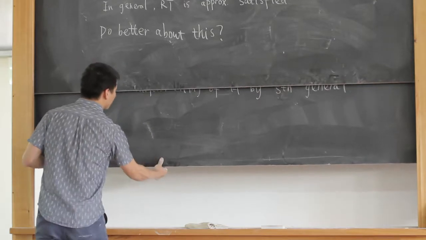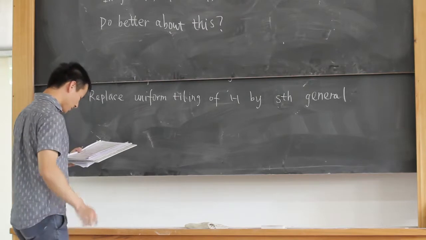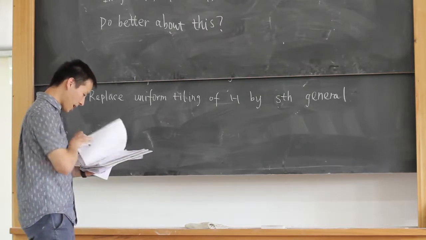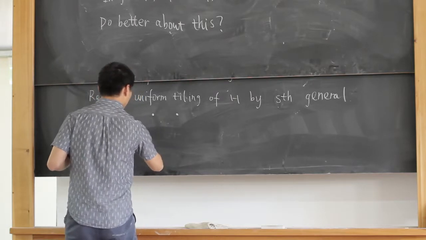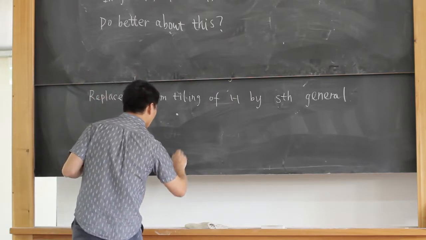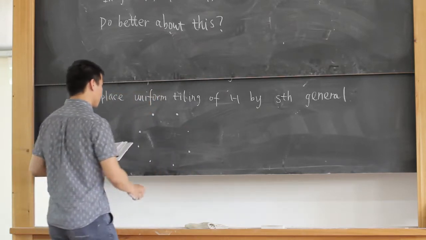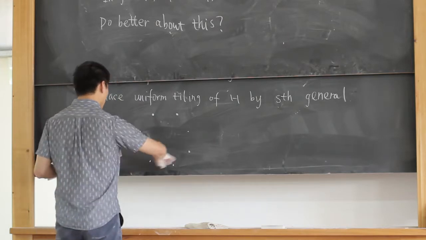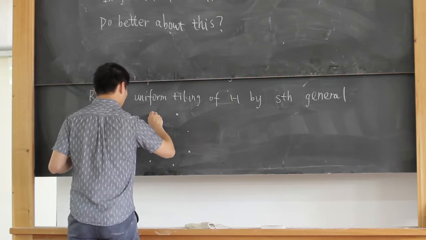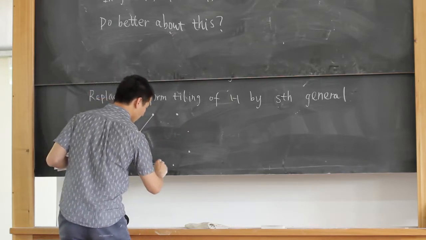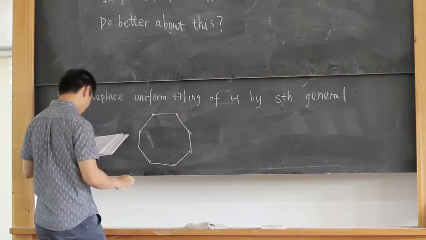So let me draw a picture of what this might look like. For whatever reason, I'll draw a network with 8 boundary vertices, and I'll connect them. This shouldn't be thought of as having some interesting symmetry.